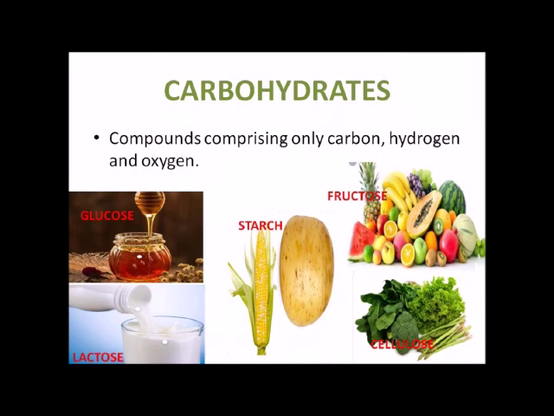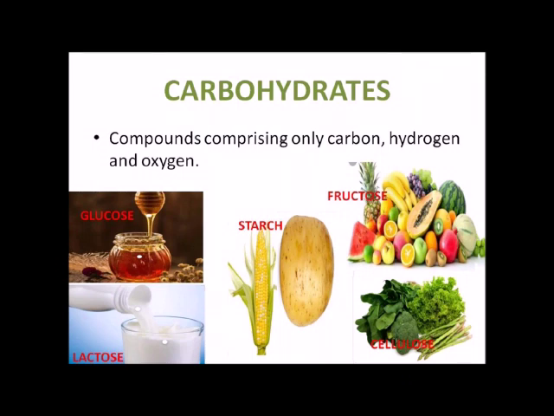Now, different types of carbohydrates are present in different products. For example, when you talk about starch, then potatoes, maize, cereals are a very rich source of starch. Fructose is present in fruits. That is why it is named fructose. Lactose is present in milk. So milk not only provides calcium to us, it also provides lactose to us. You can find glucose in honey.